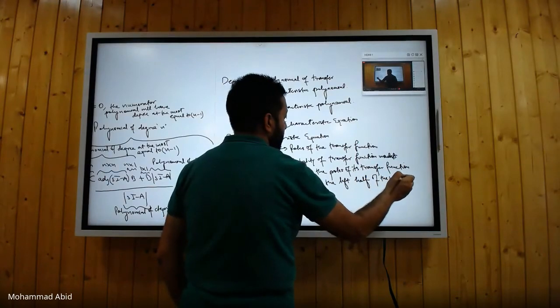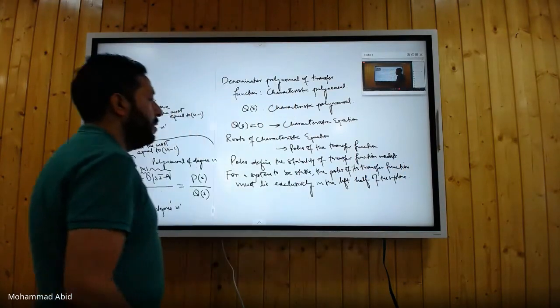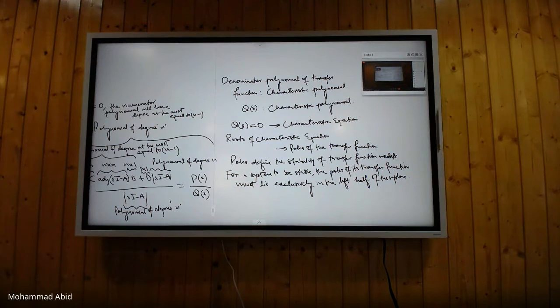We discussed this a little last time. For a system to be stable, the poles of its transfer function lie exclusively in the left half of the S plane.